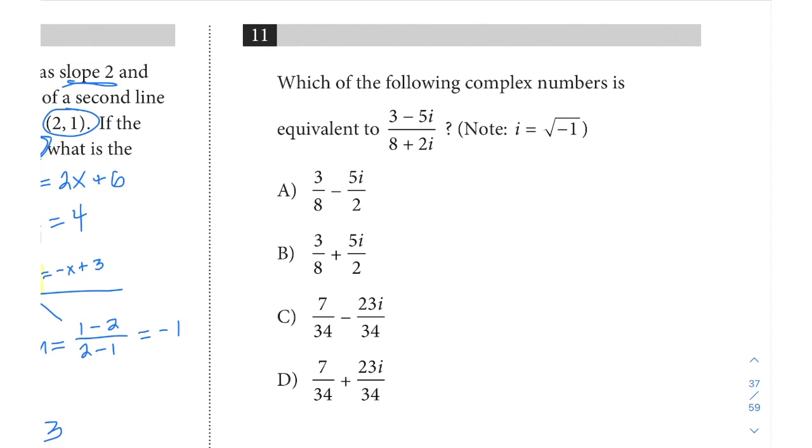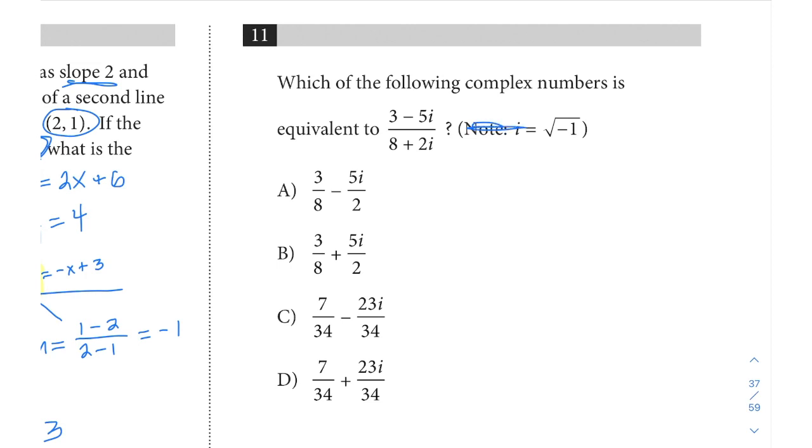Now for what it's worth, by offering that note, I think instinctively a lot of people want to plug in the square root of negative 1 in place of i everywhere that they see it. And that actually makes these kinds of questions unnecessarily complicated.